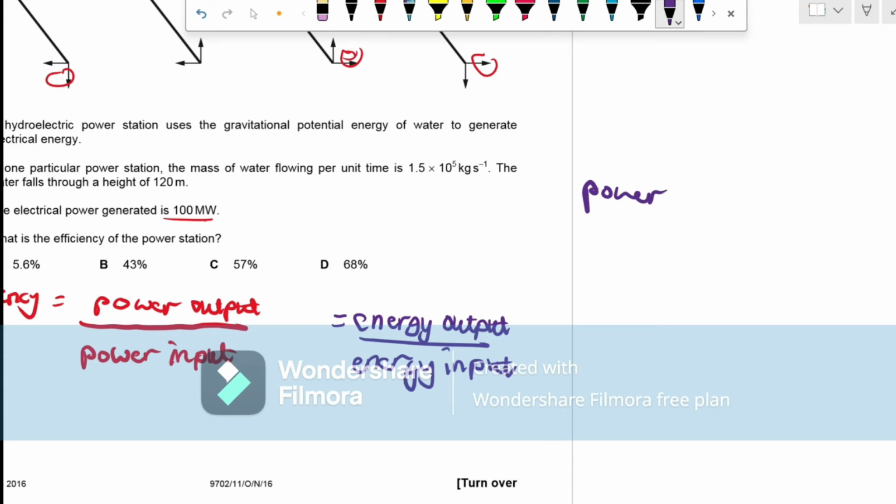So power input is going to be equal to energy divided by time. Energy is mgh because it's gravitational potential energy. Your time is t.